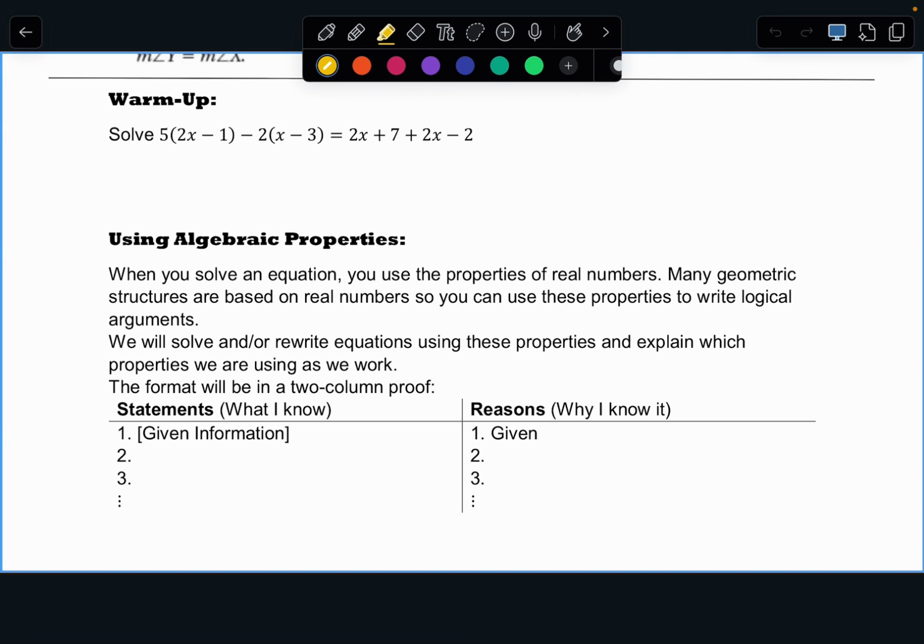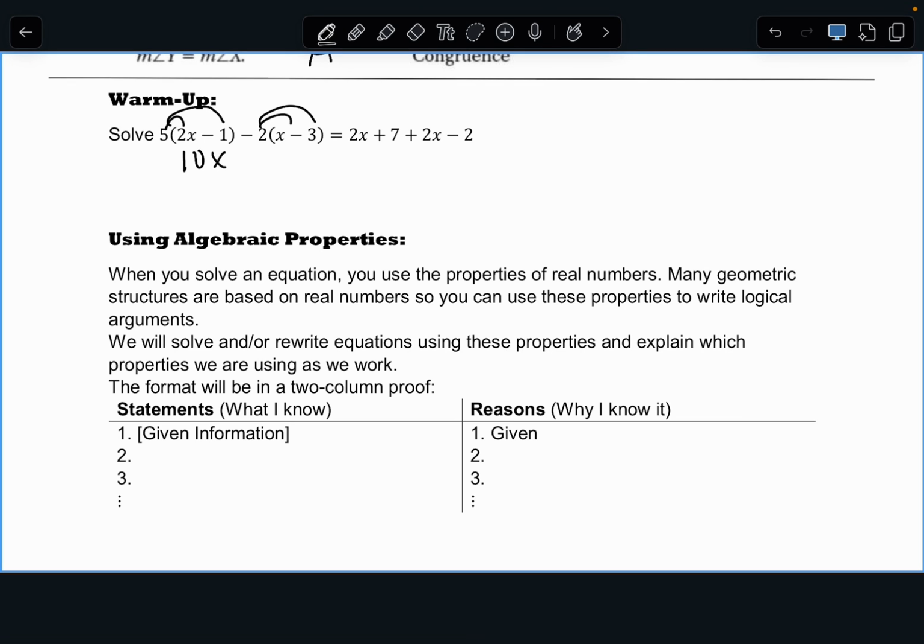So, if I wanted to solve this warm-up problem for x, what would my first step on the left-hand side be? Distribute. So I'm going to bring that 5 in and the negative 2 in. If I bring the 5 in, what's 5 times 2x? 10x. What is 5 times negative 1?